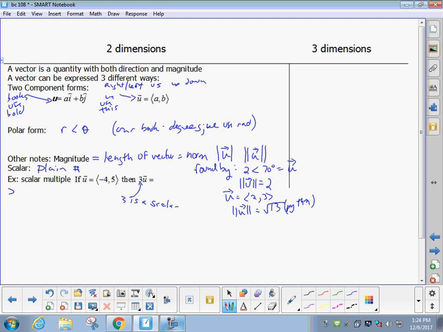So 3u would be negative 12, 15. If I used I hat, j hat, then it would have been negative 12 I hat plus 15 j hat. Again, those both are used to show horizontal vertical movement. You follow?